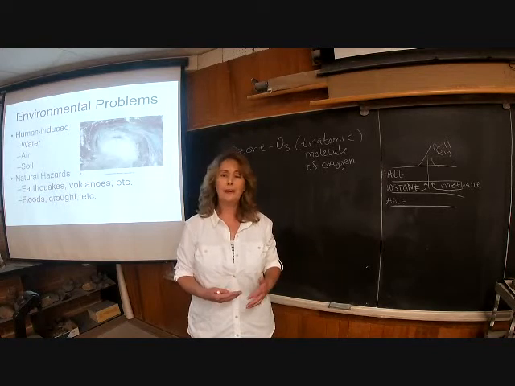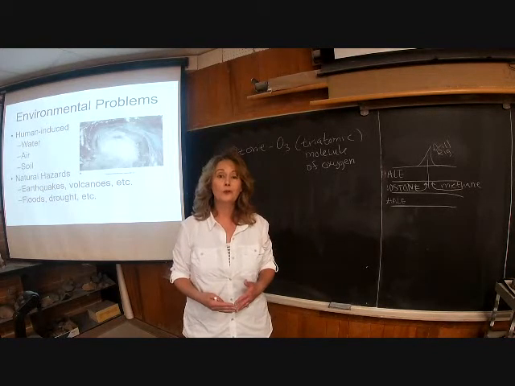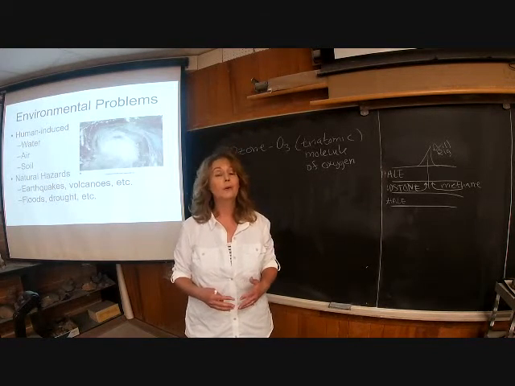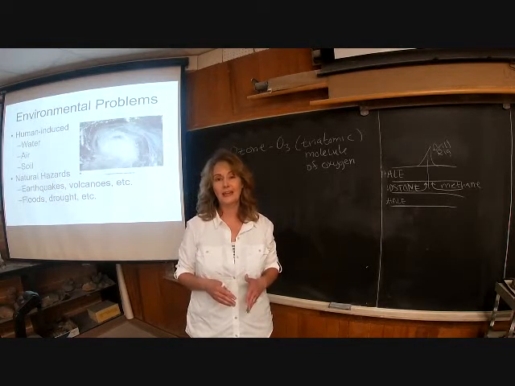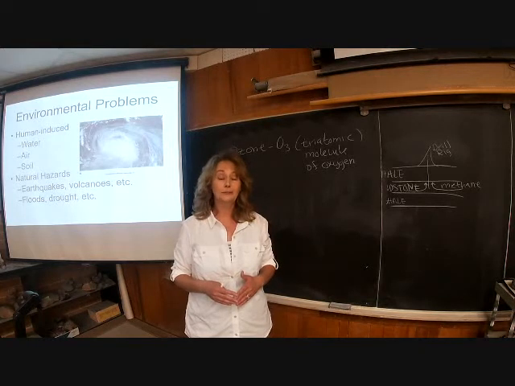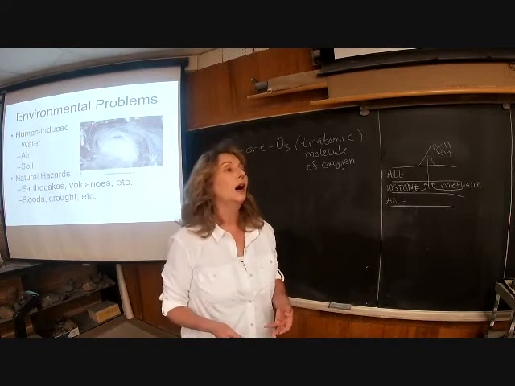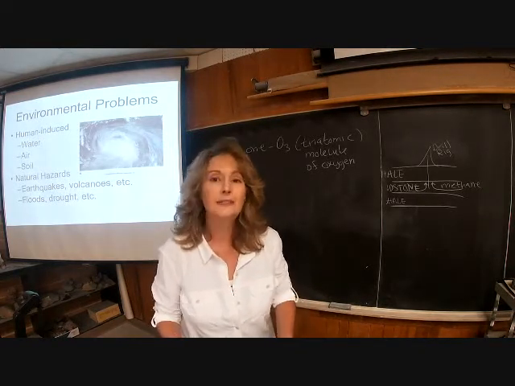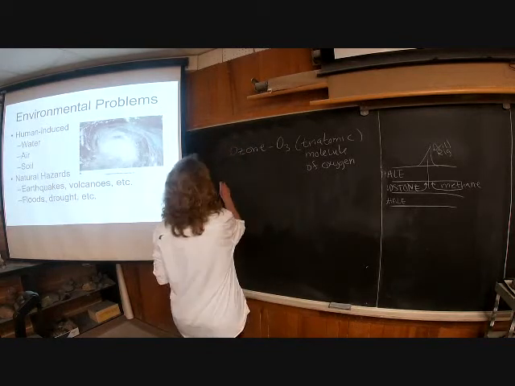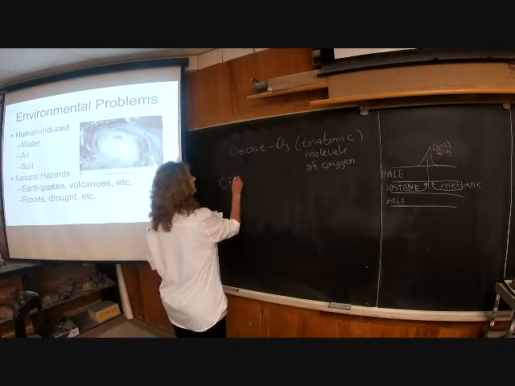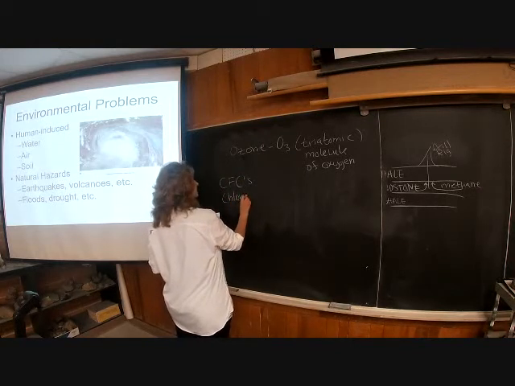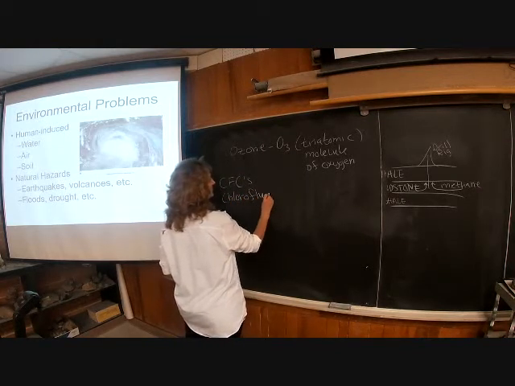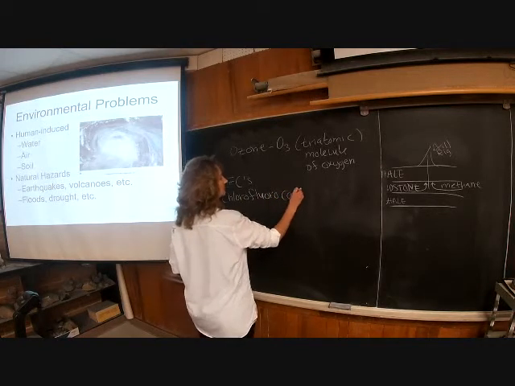So back in the 70s there was talk of this ozone depletion where we were getting a hole in the ozone. It really wasn't a hole, but it was a thinning of the ozone layer caused by what we call these CFCs. Okay, so CFCs, fluorocarbons.